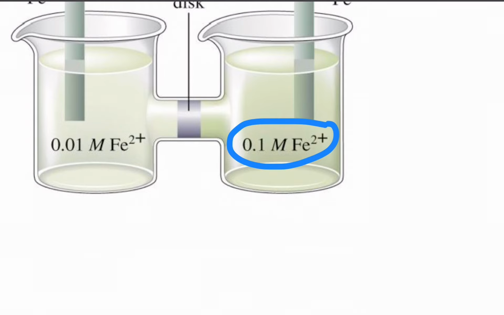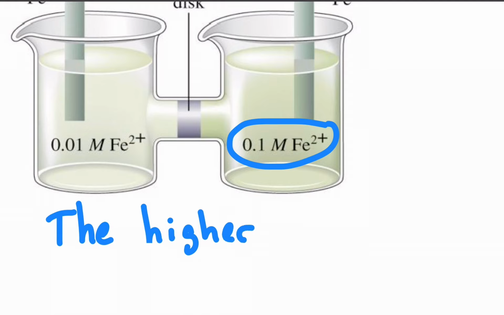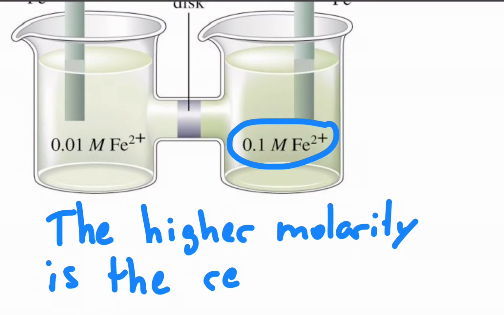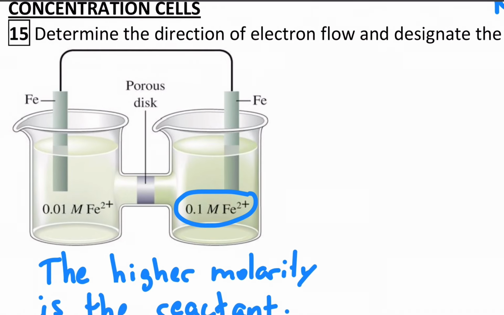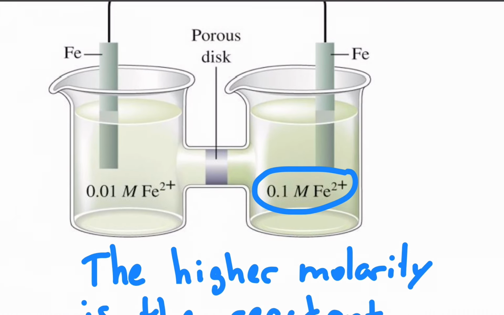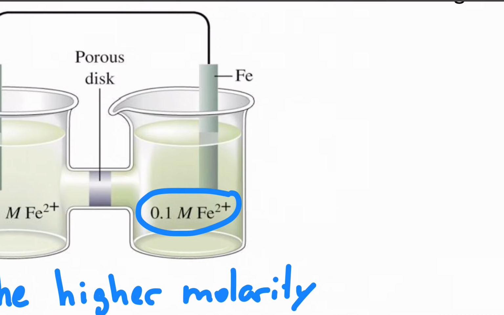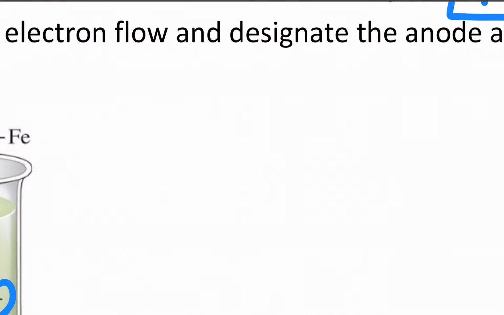Here, let's make a note. The higher molarity is the reactant. And I'll show you what I mean by that. So what reaction is actually happening? Well, it's iron becoming iron 2, and then it's iron 2 becoming iron. So it looks like no net reaction, but because of the concentration gradient, there is a reaction.